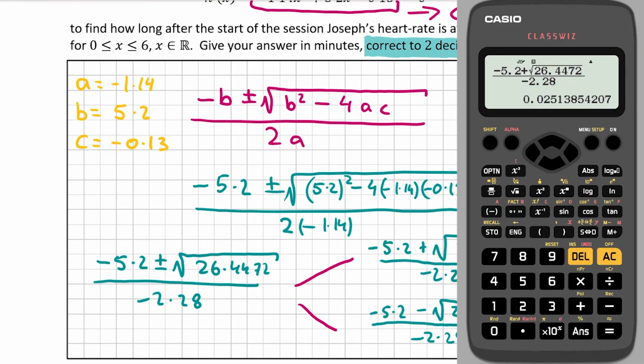For the second one, we just change the plus to a minus, and that gives us 4.536264967, so to 2 decimal places that will be 4.54.